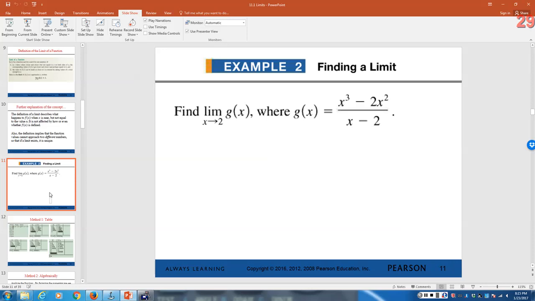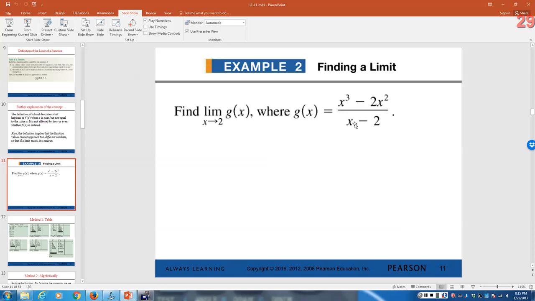What is g of 2? 2 minus 2 in the denominator is 0. g of x is not defined at x equals 2. g of x does not exist at x equals 2. But the limit for g of x as x approaches 2 does exist, and it's 4.